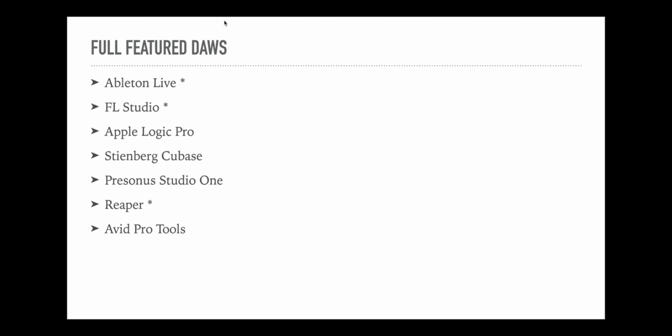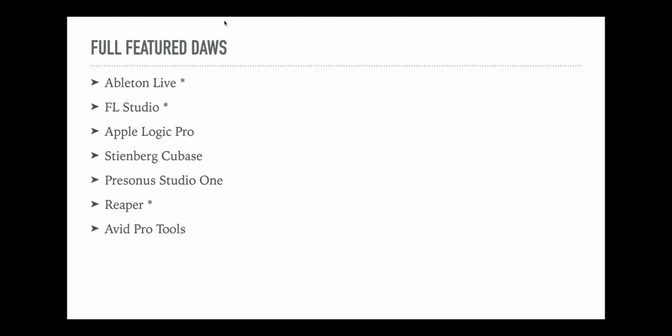Steinberg Cubase, again, another full-featured DAW that's been around for a long time. PreSonus Studio One, great. It's kind of the in-between of Logic and Pro Tools. So it comes with some good MIDI editing capabilities, loops right out of the box, a little bit geared more towards the audio editing.